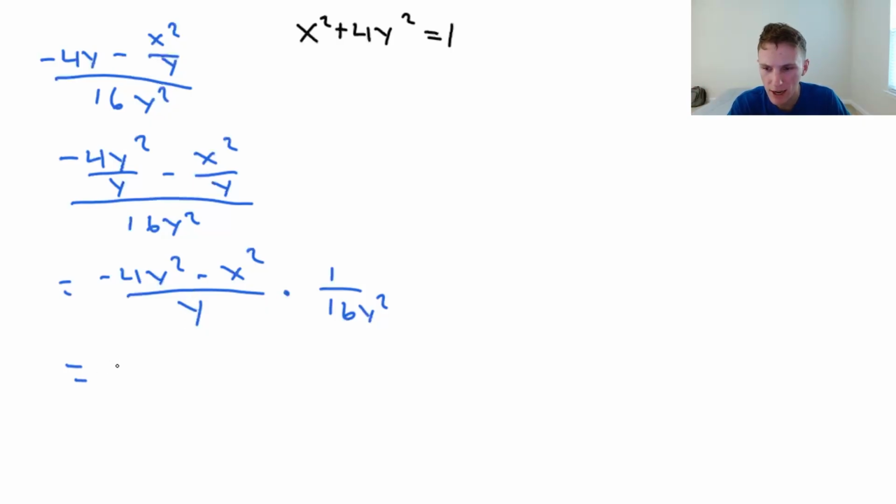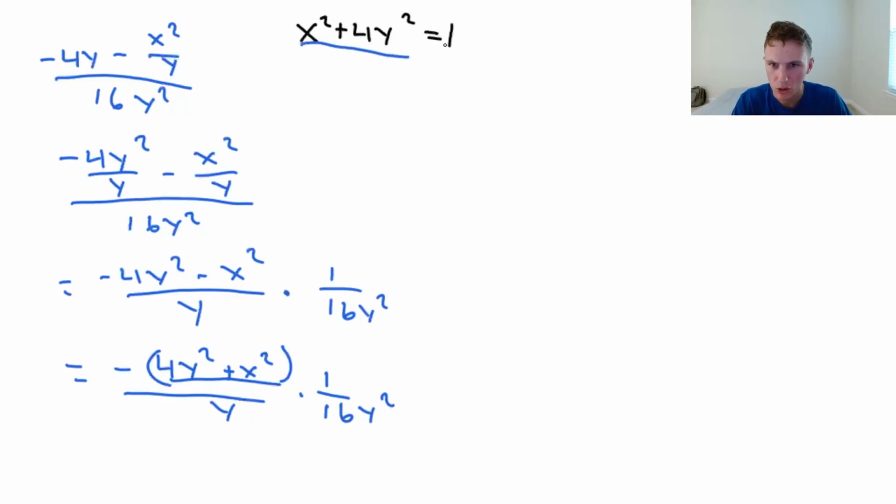If we factor out a negative 1 here, this is negative 4y squared plus x squared over y times all this. If you notice, this is the same thing as what we started with, right, up here, which is just 1. So we can actually substitute a 1 from the original equation into that, vastly simplifying our answer.